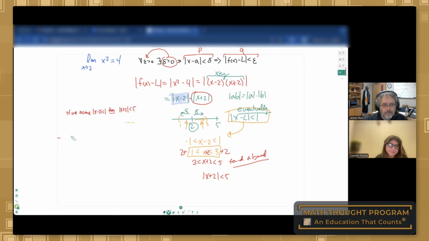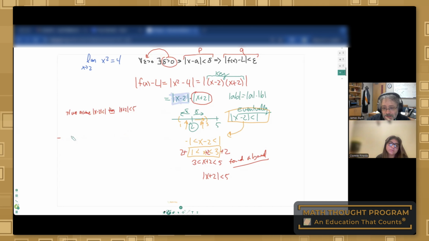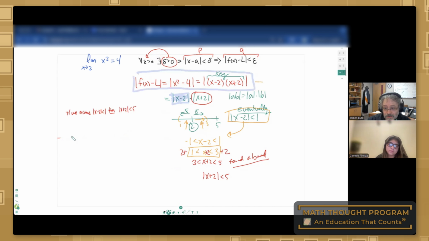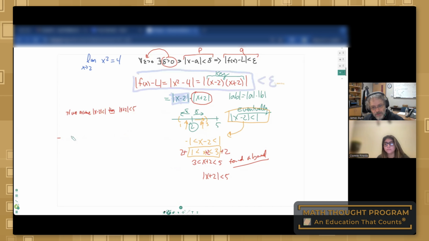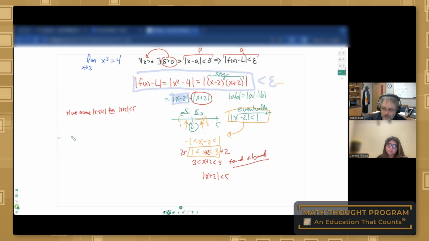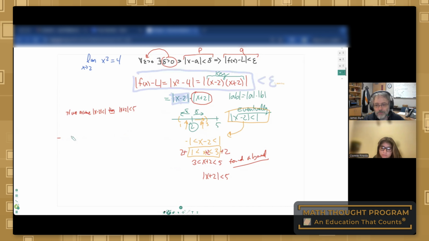Now, the reason why I'm after this, because again, I want to look at f minus L. My goal is to show that this is less than epsilon. That's the same goal as in terms of linear, but because it is quadratic, it adds an extra layer of complexity you have to contend with as you're trying to figure out the delta.